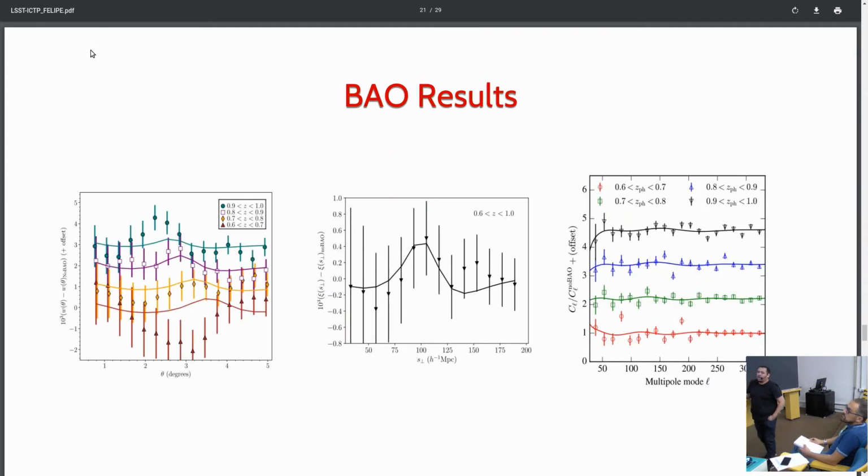Finally, we can compare the results in configuration space, those 2, and in Fourier space the fit seems very good.